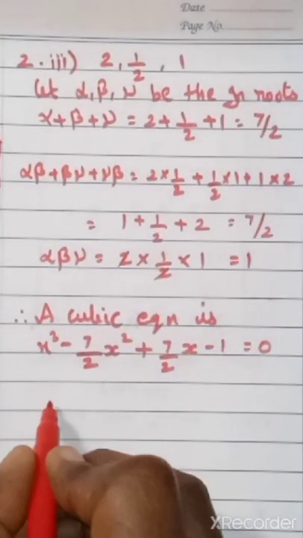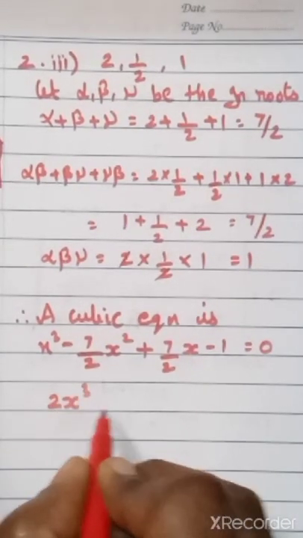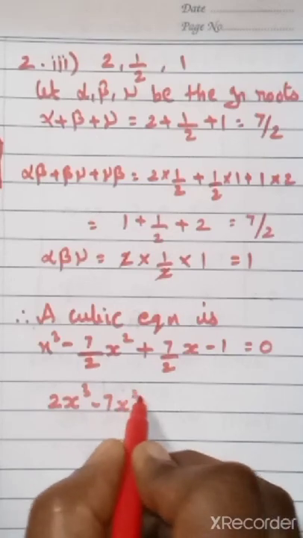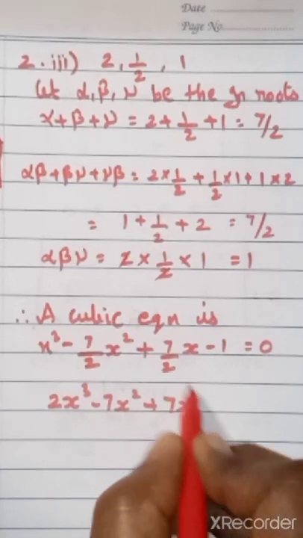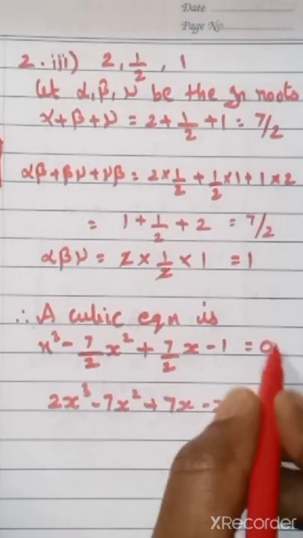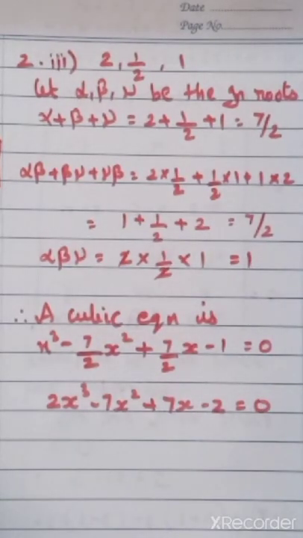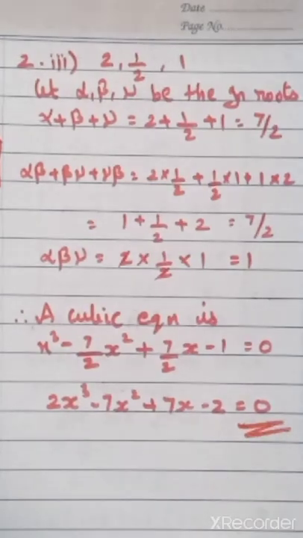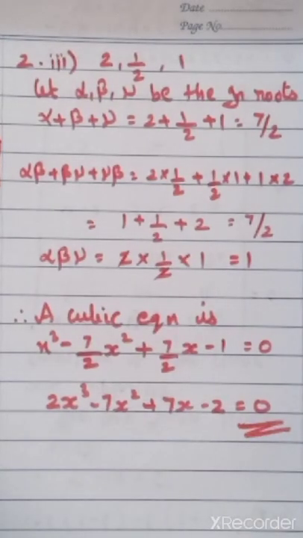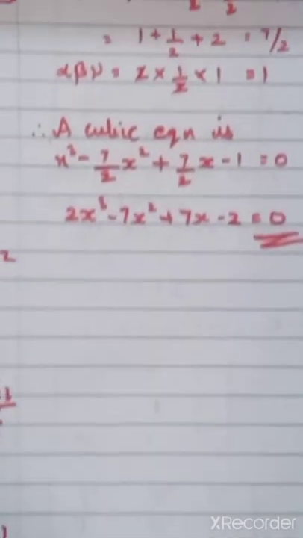Correct? Simplify this: 2x cube minus 7x square plus 7x minus 1. Taking the LCM 2 and taking it to the other side, the answer is 0. Therefore, 2x cube minus 7x square plus 7x minus 2 equal to 0 is your final answer.